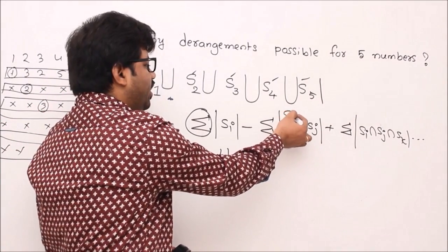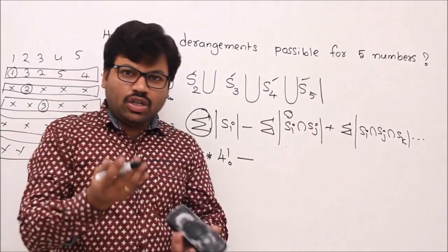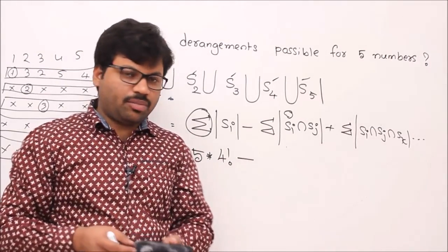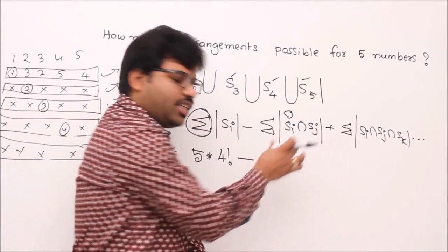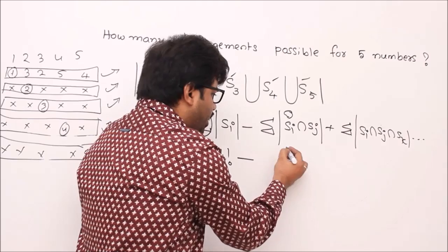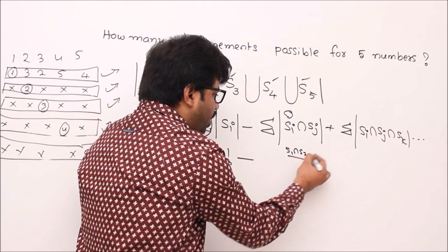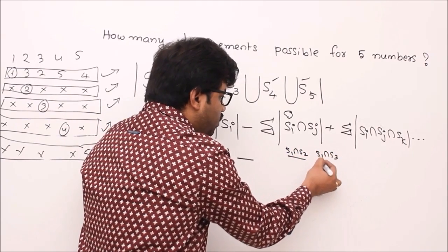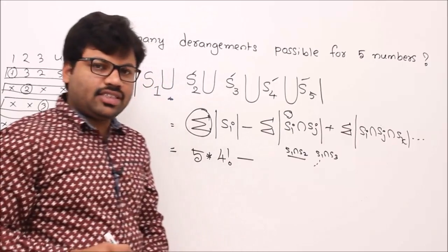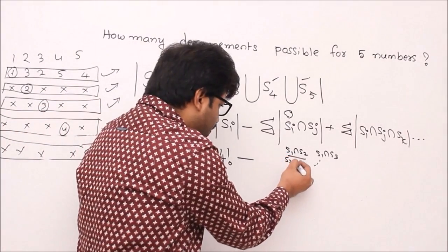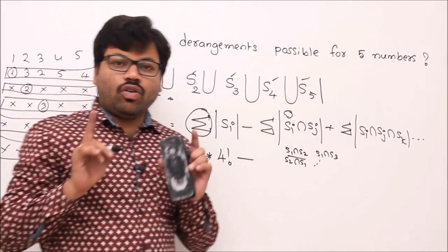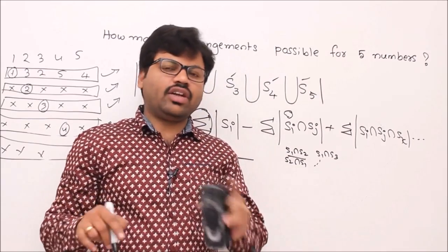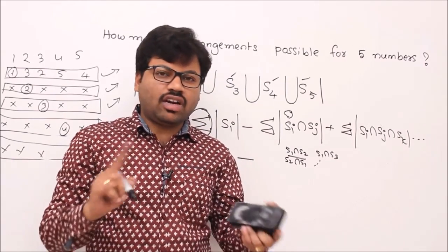Now this one is critical. How many size 2 intersections are possible? These are all combinations, you see. We have S1 intersection S2. We have S1 intersection S3. By observing the intersections, you can realize that, do we have S2 intersection S1? No, we have only one for S1 intersection S2 and S2 intersection S1. That means it's not an arrangement.